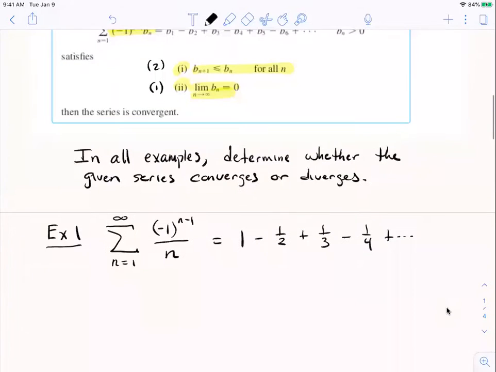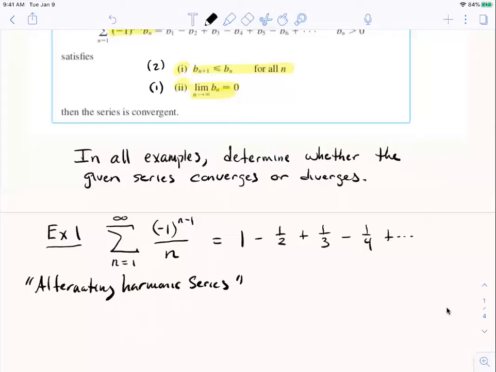Here's our first example. This thing is called the alternating harmonic series. Because if you ignore the plus and minus signs, it's just the series 1, plus 1/2, plus 1/3, plus 1/4. That's the harmonic series. It's known to diverge. The integral test shows that, but this is the alternating harmonic series.